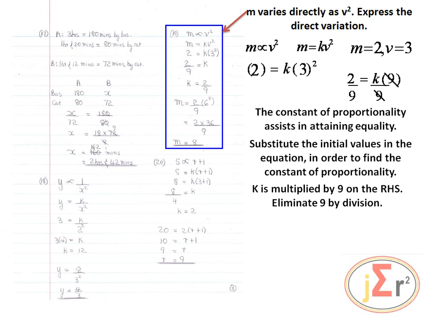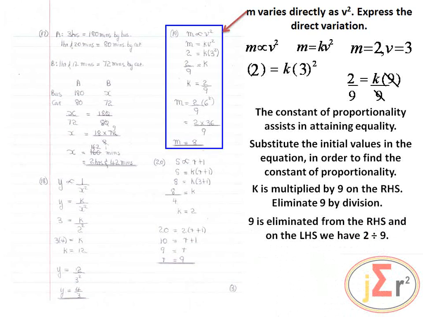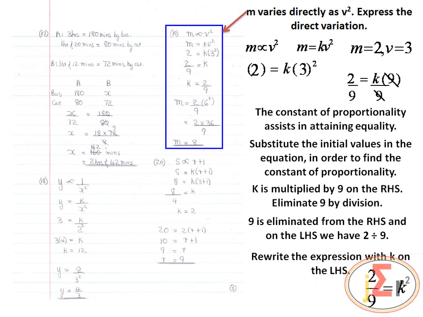And there we have it, the 9 is gone from the right hand side, and on the left hand side we have 2 divided by 9. So 2 over 9 is equal to the constant k. So rewrite the expression with k on the left hand side. We have k is equal to 2 over 9.